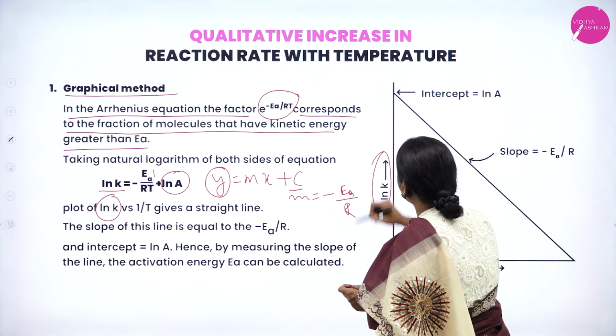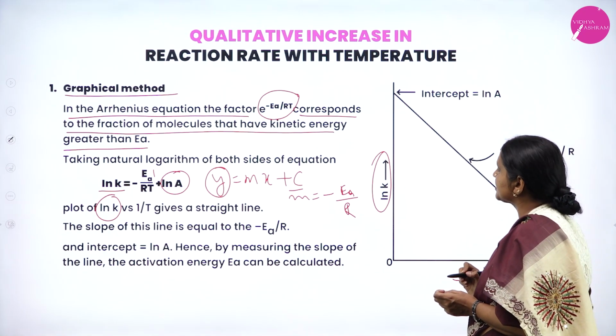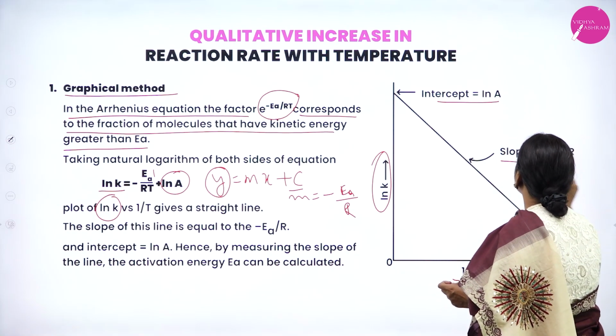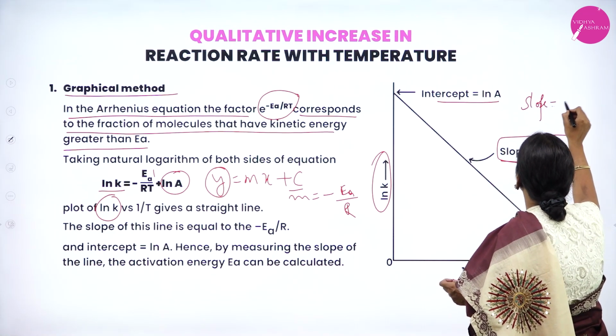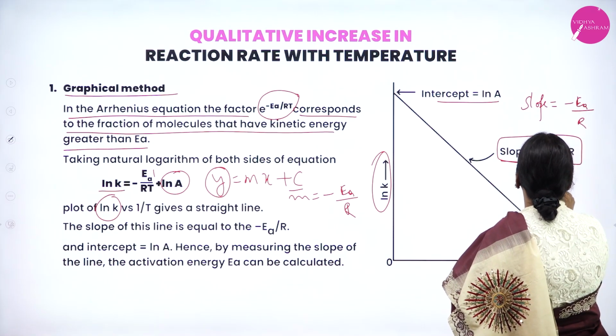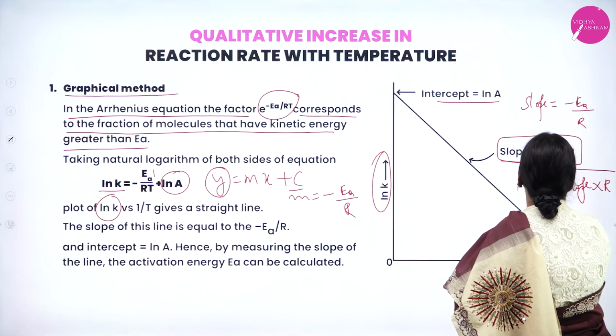So what we have to plot is ln k versus 1 by T, with y-intercept ln A and slope equal to minus Ea by R. Therefore, Ea is equal to minus slope into R.